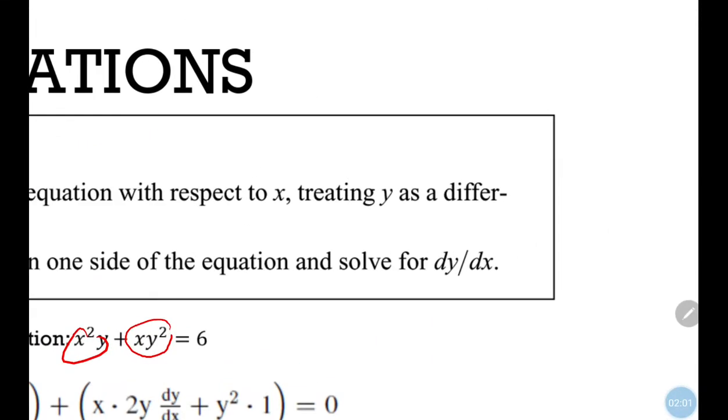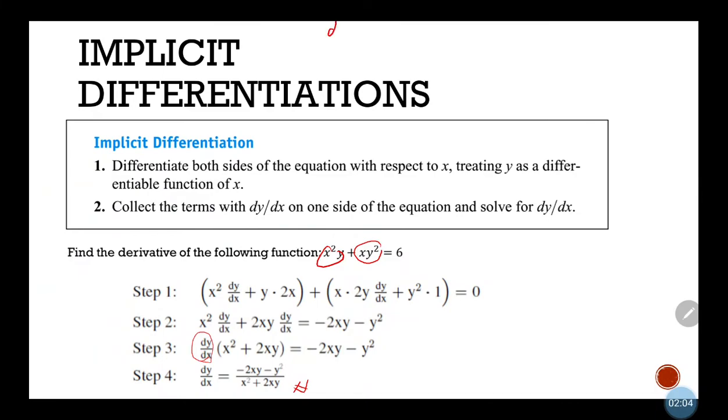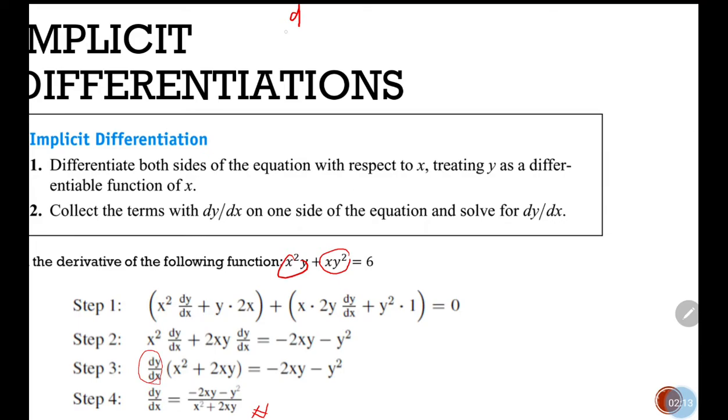So let's look here. The d/dx of x squared y plus x y squared equals d/dx of 6.